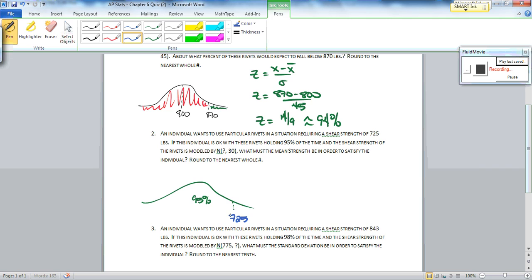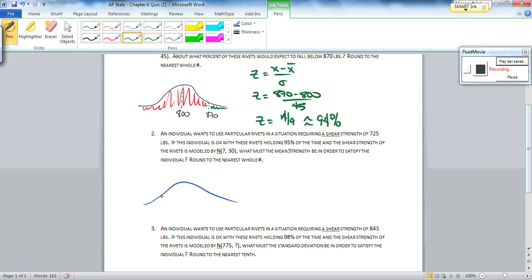That means they would fail when a pressure or a weight of 725 pounds was applied to them. We want the exact opposite. We want only 5% of them to have a shear strength less than 725. So what we need to do is reverse this curve. And this is what I didn't do today.